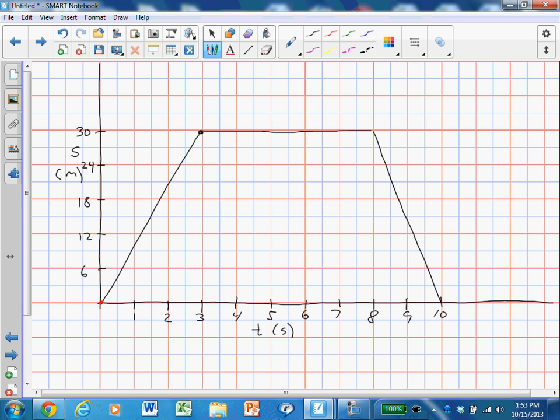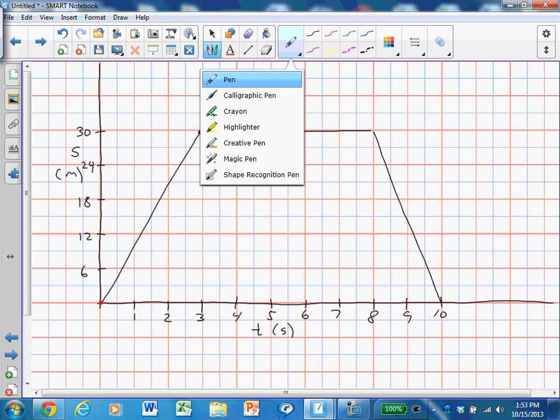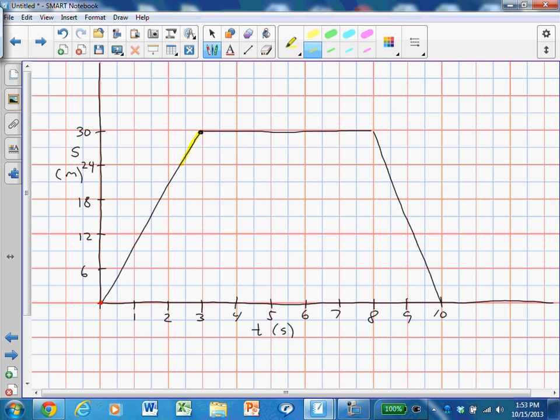So the velocity in this region here, that velocity we can calculate. So the velocity would equal the slope, which is change in s over change in t, which would be, this is the point 3 seconds, 30 meters, sorry.